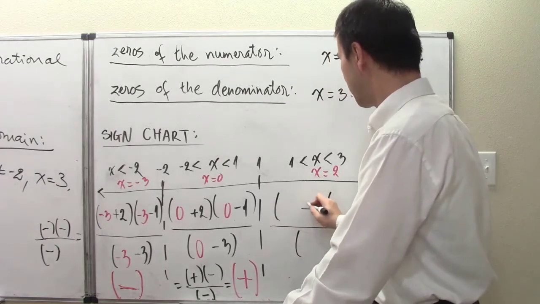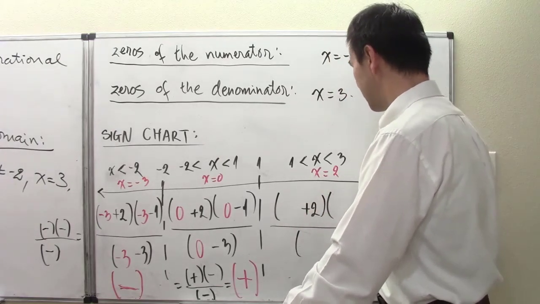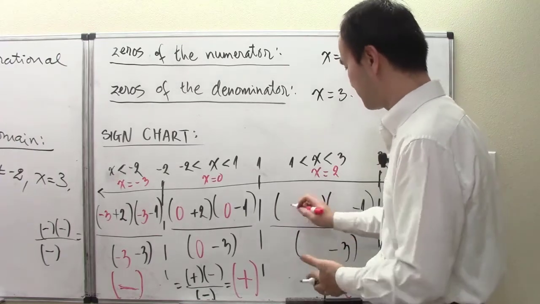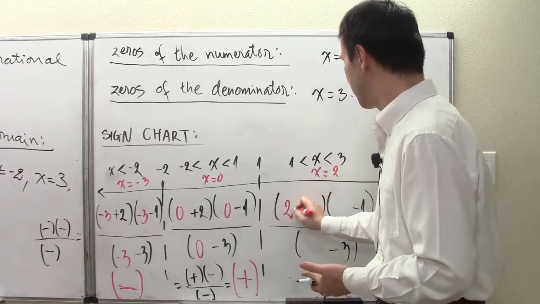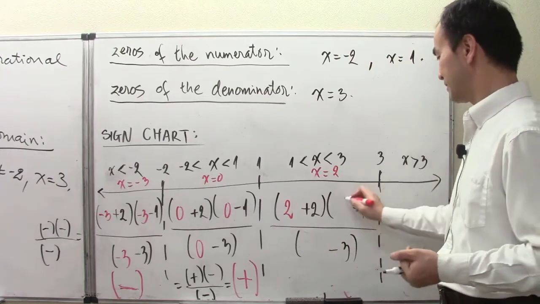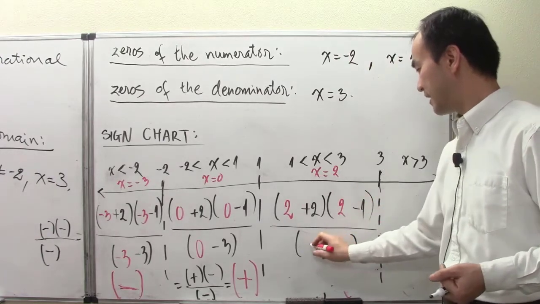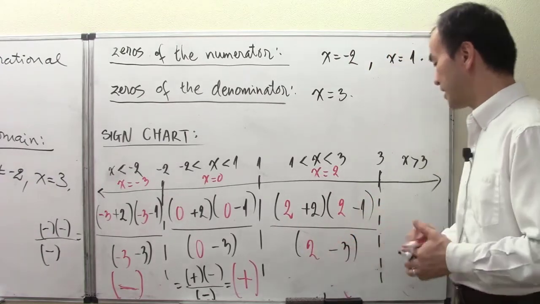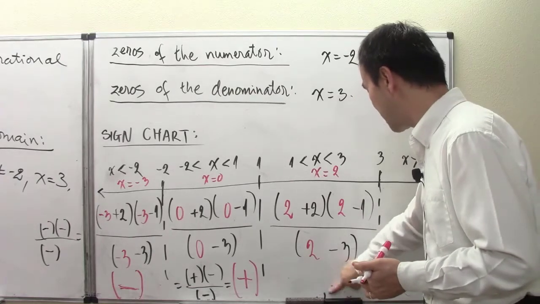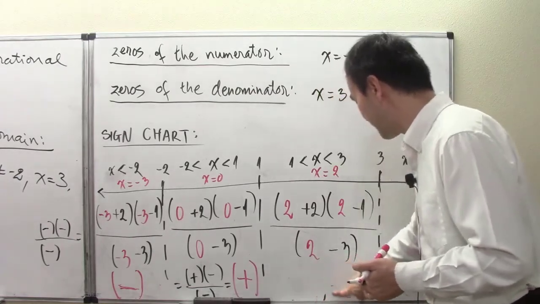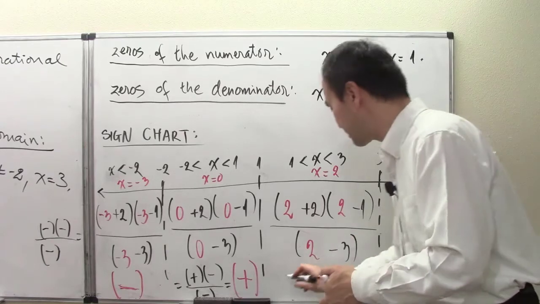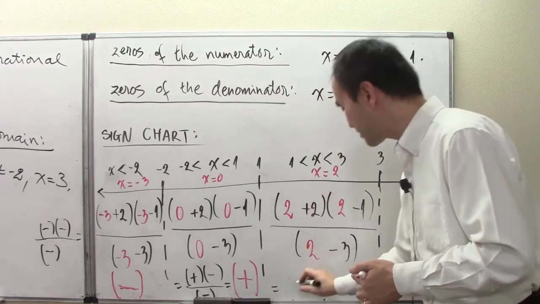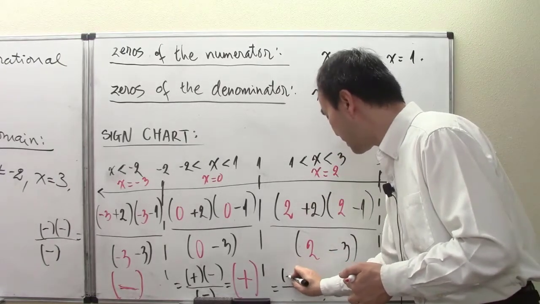So now, this is plus 2, this is minus. So substituting 2 in there, I have 2 plus 2, and then 2 minus 1, and then I have 2 minus 3. So now that means as far as the sign calculation, the first factor in the numerator gives me a positive sign.